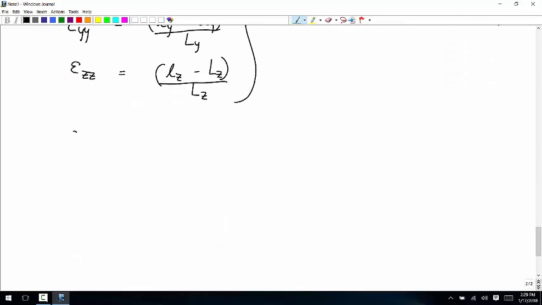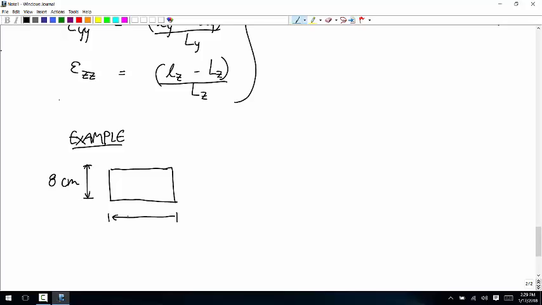Okay, so here's an example. So let's say we start with a material. Let's say this is 8 centimeters.